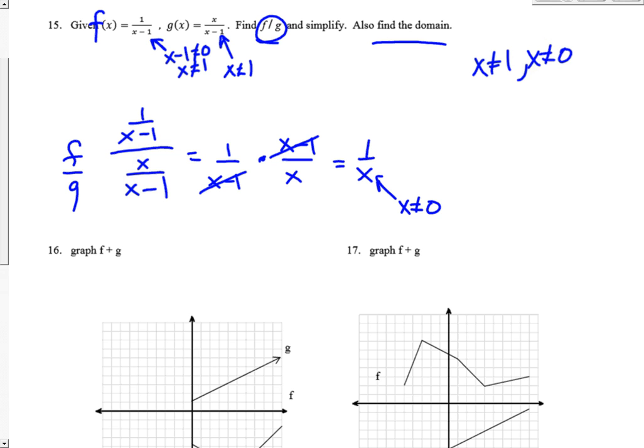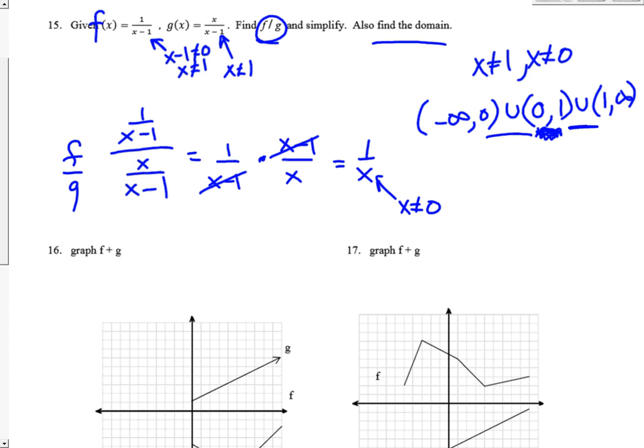So as far as interval notation goes, we're going to go from negative infinity to 0, and then we'll skip over the 0. We can go all the way to 1, but we have to skip over 1, and then we go from 1 to infinity. So that allows us right here to skip over 0, and then we include values like 1/4, 1/3, 1/2, all those values in between 0 and 1.